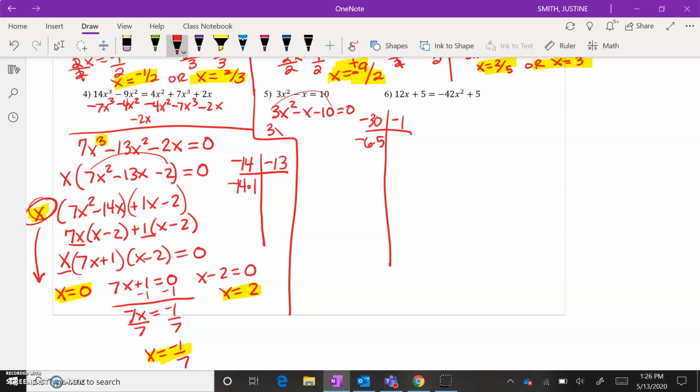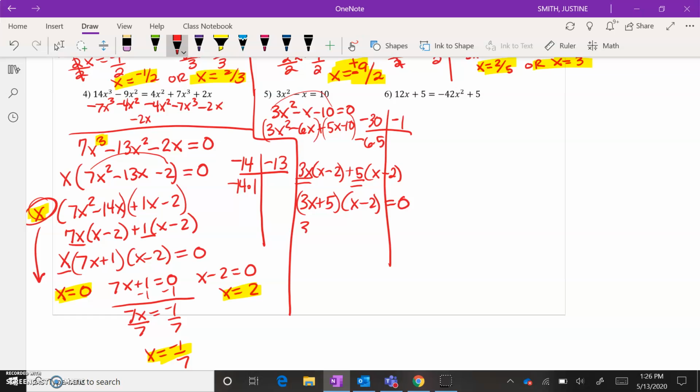Okay, so we have 3x squared minus 6x plus 5x minus 10. We're going to group these and take out a 3x to get x minus 2 and take out a 5 to get x minus 2. So we have 3x plus 5 and x minus 2.